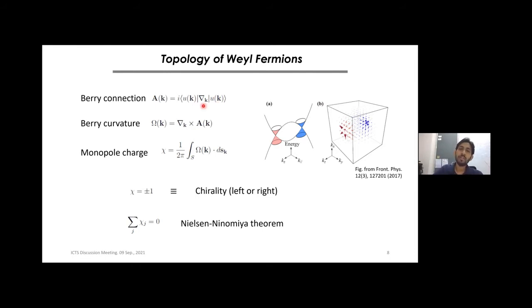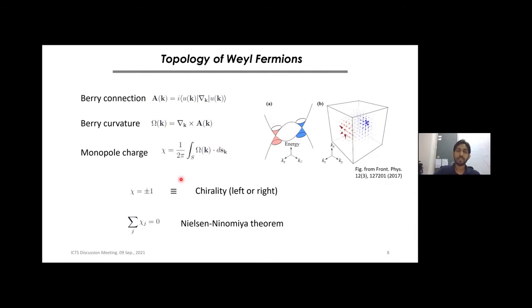Simply the overlap between two spinors very nearby in the K space. And then we can define a Berry curvature, which is nothing but a curl in your K space, in your momentum space. And then around each Weyl node, we can define the monopole charge, which is nothing but the total Berry flux coming out of some closed surface that you draw around this point.